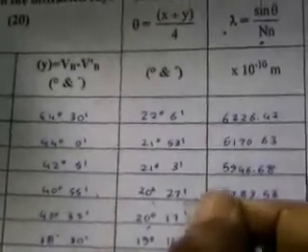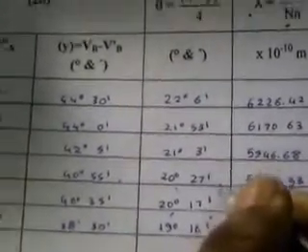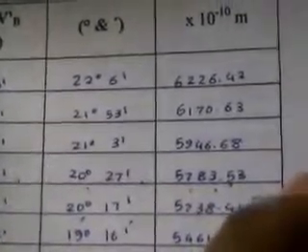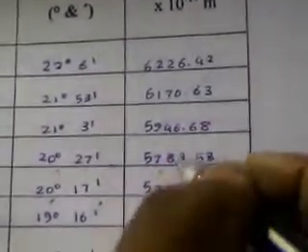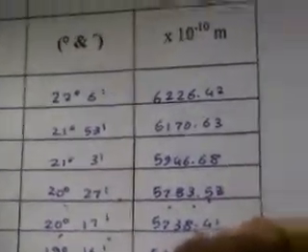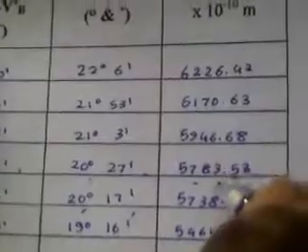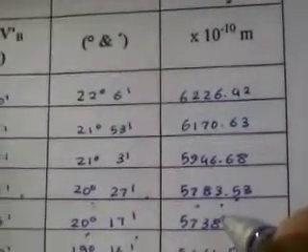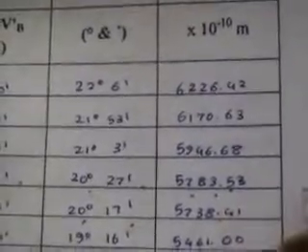It may not even differ by 10 minutes in some cases, it will be lesser than that. However, it should not exceed 10 minutes. And the lambda differs only by, here you can see it is 5783, here it is 5738, maximum 5 nanometers. It only differs by 5 nanometers.